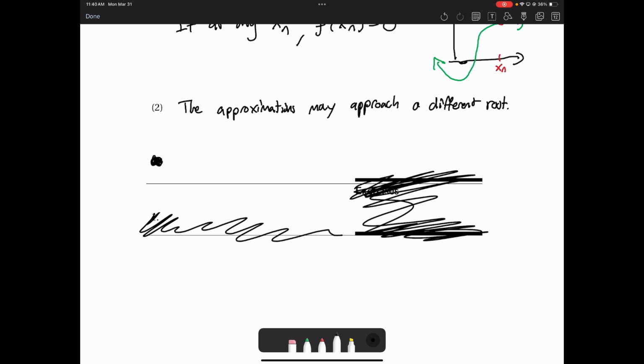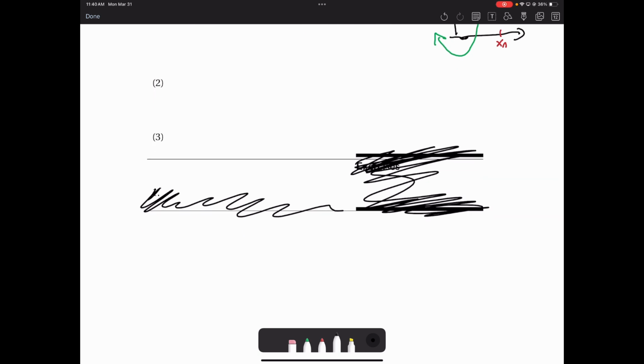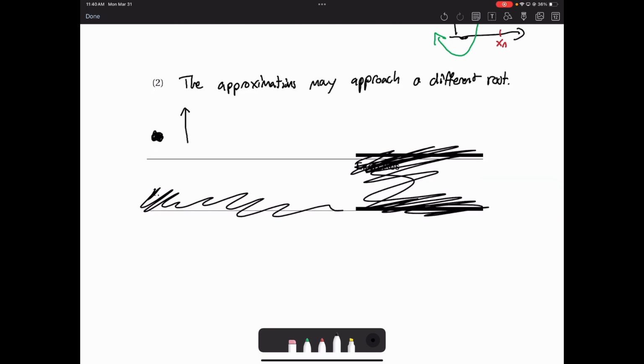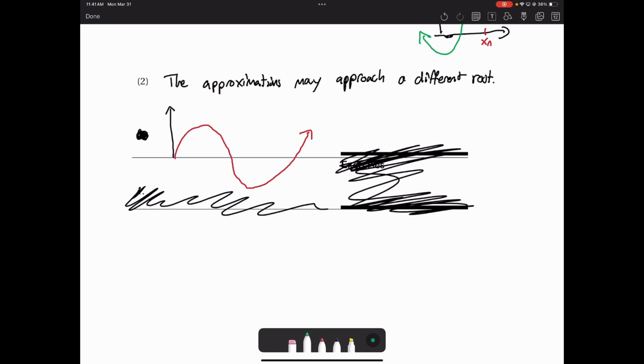You might end up approaching a root that's not the one that you were actually looking for. Okay? So let's take a look at an example of this. Let's say I'm working with something like the sine function, where you've got something like this. You'll notice I have multiple different roots. And let's say I want to try and find this one.